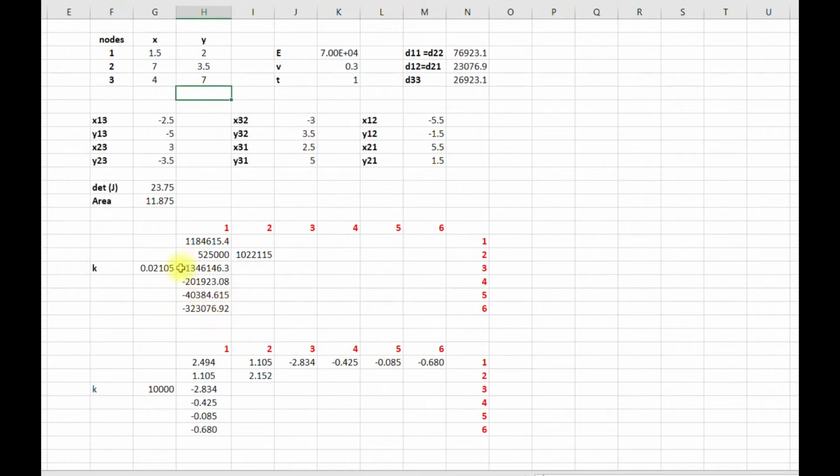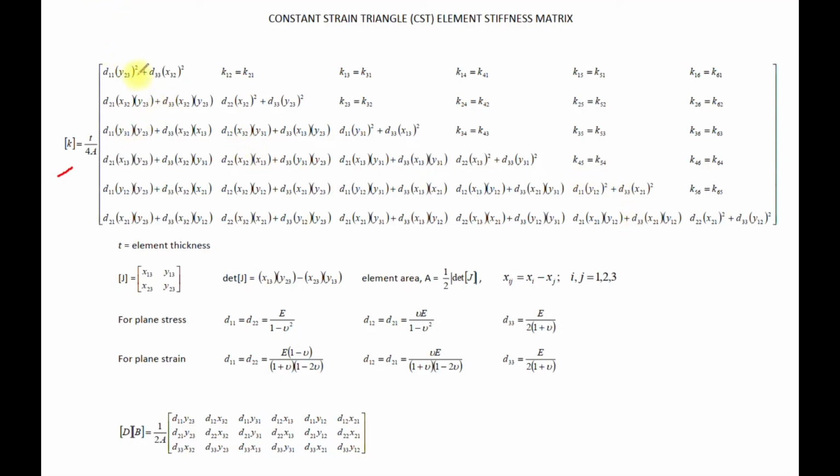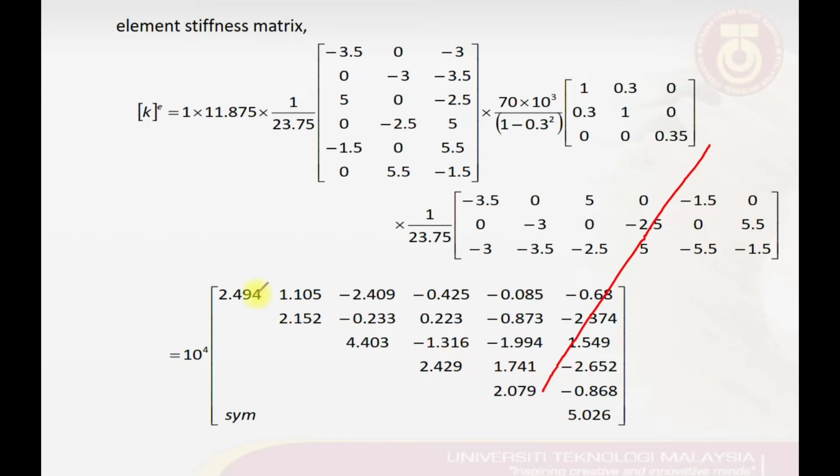So with all the equations in the first row and the first column set up in my Excel, by substituting these coordinates at 3 points, I can get this value here, which is equivalent to the one that we get in the lecture notes.